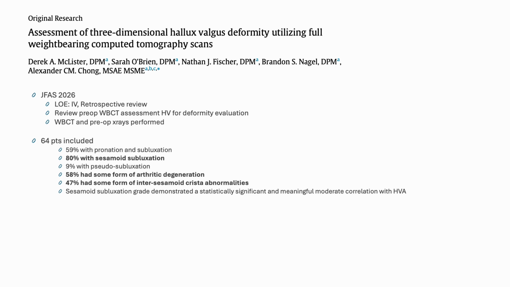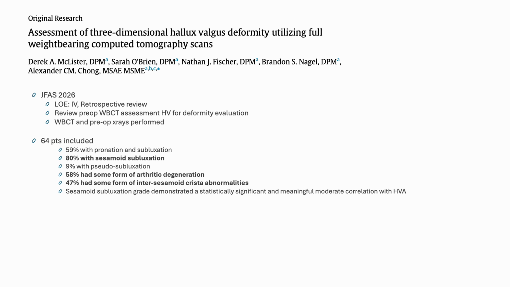The biggest key that I thought was most interesting on these patients that I had questions on, and again, this may be a little bit biased because they were patients that I just questioned on, but I do a lot of big toe joint fusions, and so I don't always get CT scans on every bunion if I'm going to fuse the big toe joint, is that 58% of patients had some form of arthritic degeneration. So there were some cystic changes, there was some joint space narrowing in about 60% of our bunions.